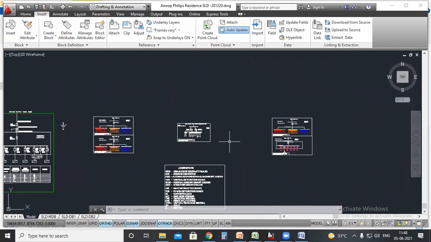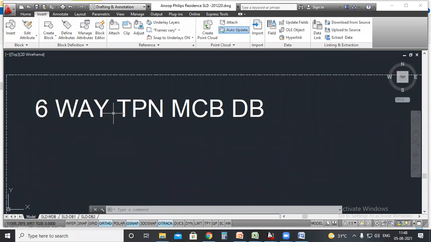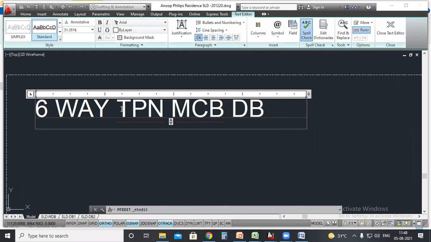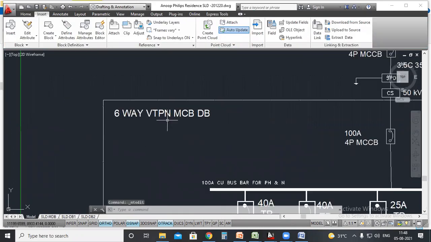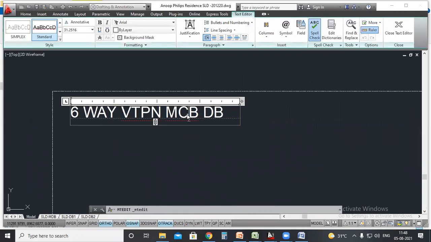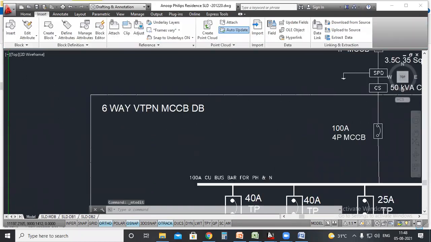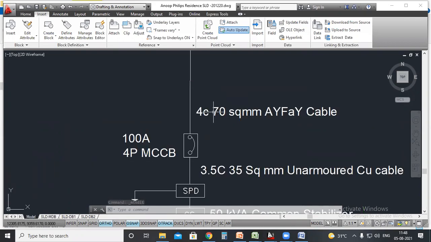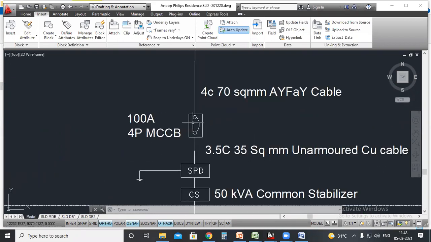To connect all these distribution boards together, we had a 6-way VTPN MCCB DB. This is MCCB DB, not MCB DB. You can see the 3-phase supply coming from the KSEB, a 4 core 70 square mm AYFY cable, coming to the 100 ampere 4 pole MCCB.